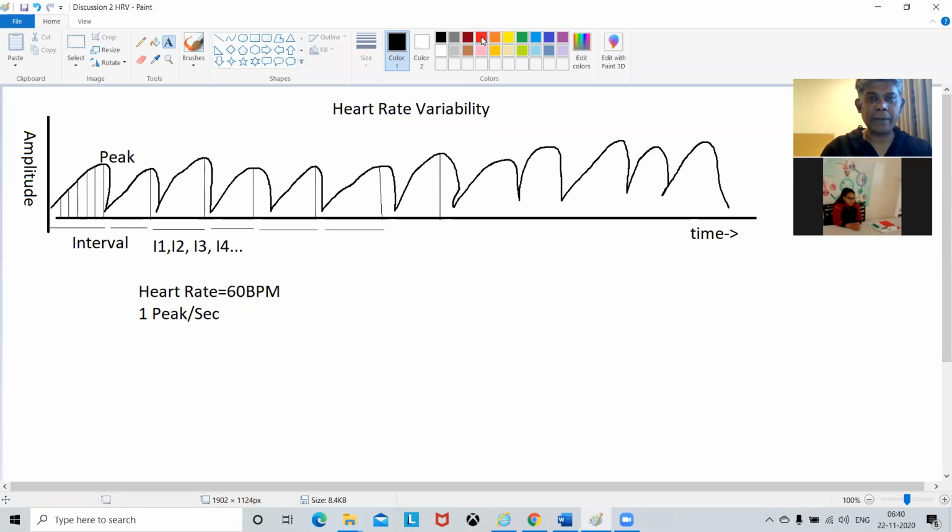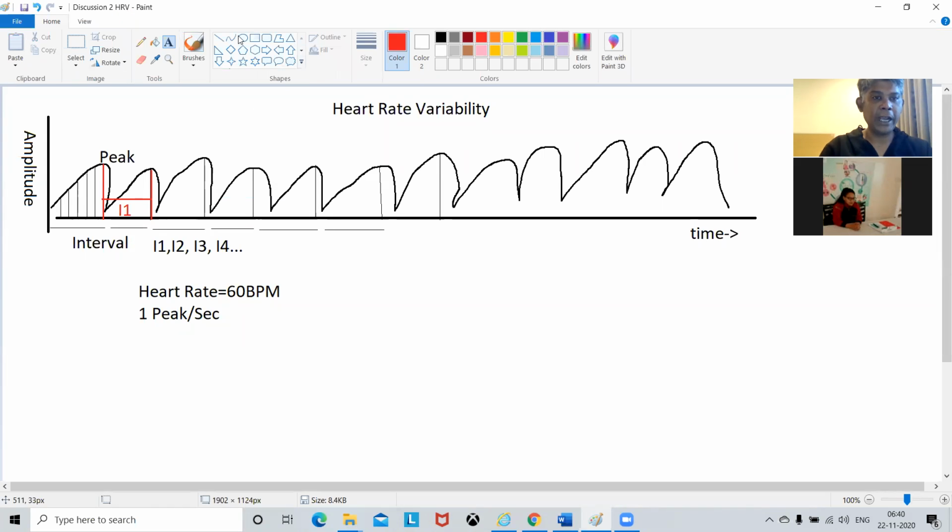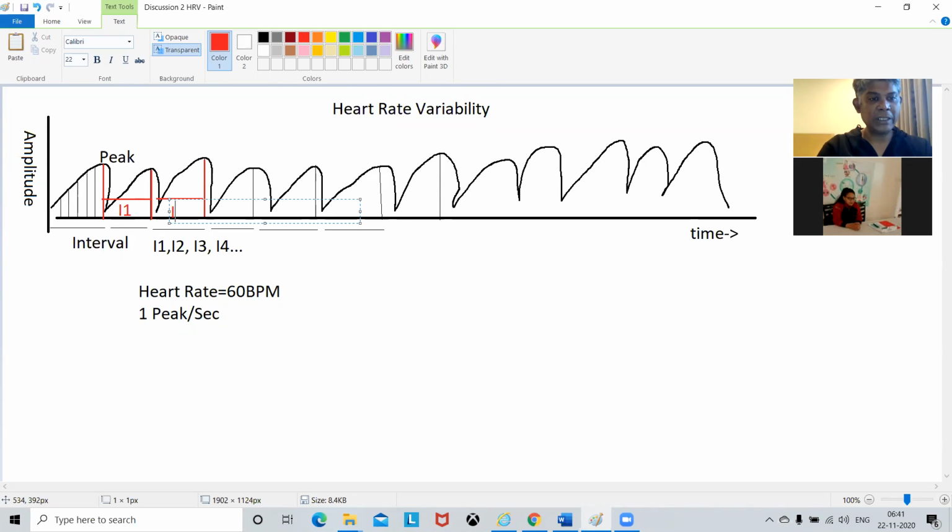We take the time difference between peak one and peak two and call this interval I1, and similarly interval I2, and so on and so forth. So this is a time domain variable, and these values are in milliseconds.